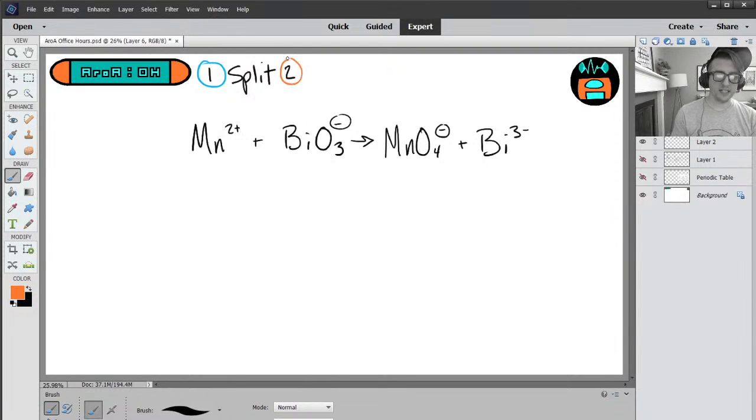Then you balance the atoms. You balance the charges. Then you balance the electrons.